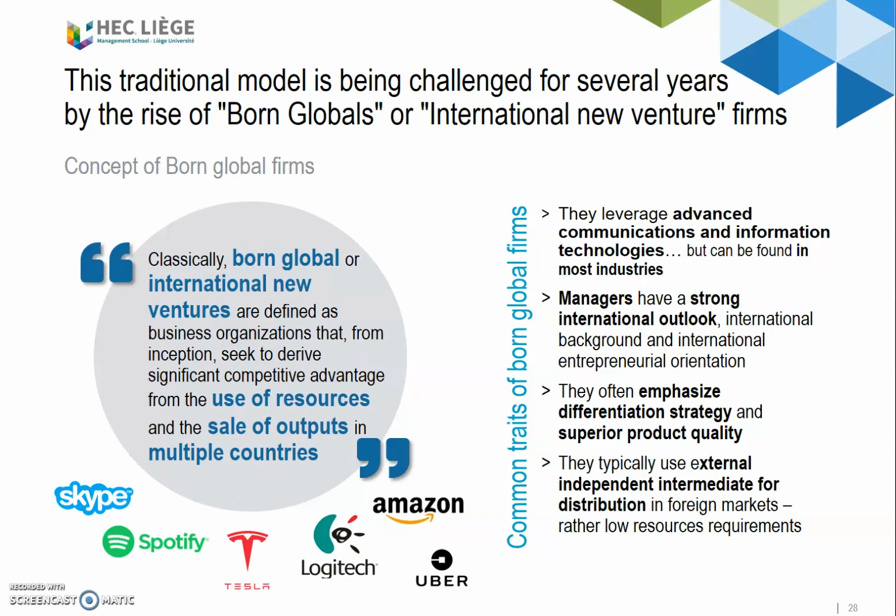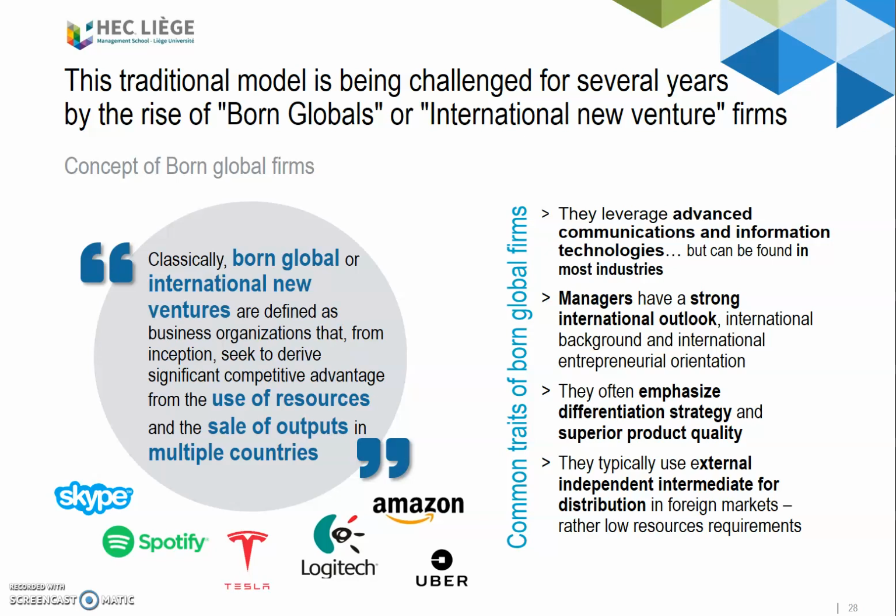And they have some common characteristics, those firms. The first one is that often you will see them in technology. It's a lot in IT, in new technology: Netflix, Zoom, Amazon, Spotify, and so on. Mainly technological companies. Most of the time, you will see that the CEO of those firms has a very global mindset and a strong international outlook.